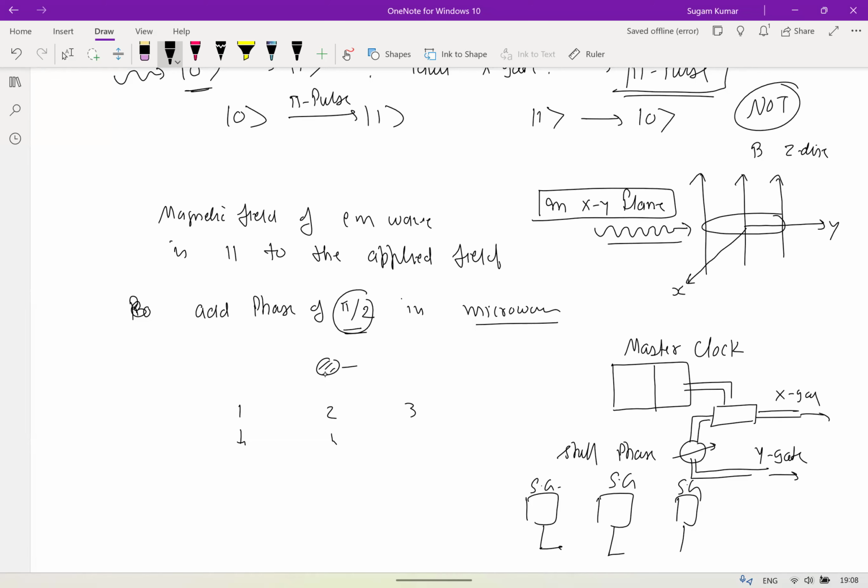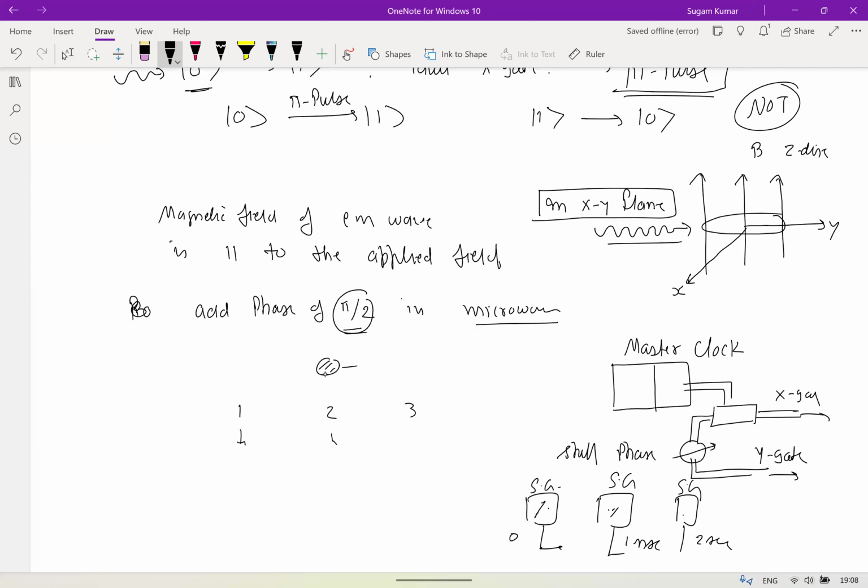Let us say I want this one to give a pulse only 1 nanosecond later than this one. Then I must control all these instruments by a single instrument. I will say, okay, now you go. After 1 nanosecond, you also go. After 2 nanoseconds, you please also go. So they should be controlled by a single master clock.